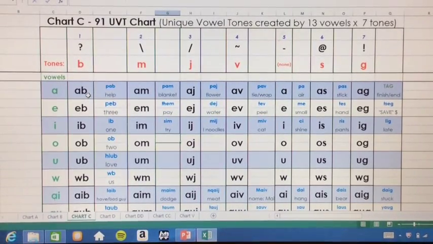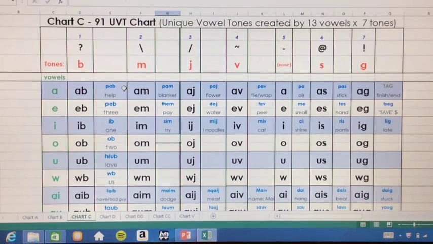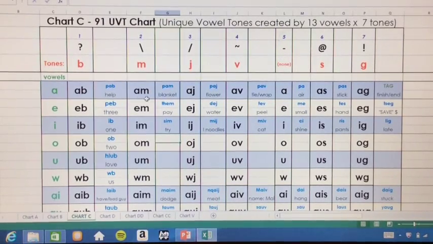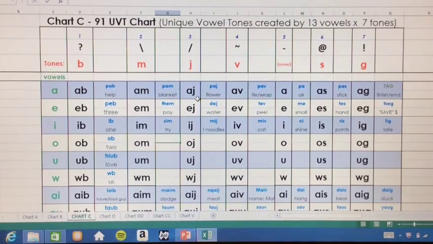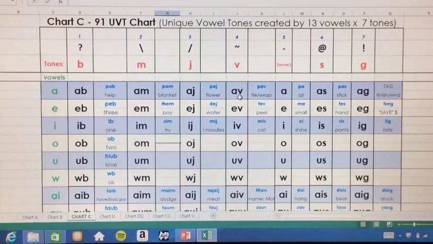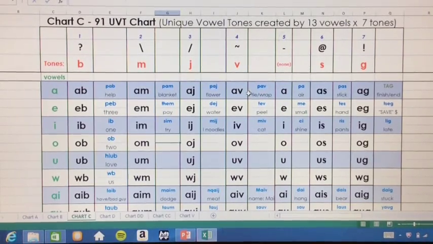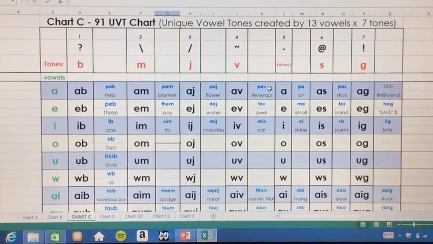AB has a question tone, like in the Hmong word ba. AM has a falling tone, like in the Hmong word ba. AJ, rising tone, like in the word ba or flower. AV, up and down curved tone, like dirt, or the word ba, tie or wrap.